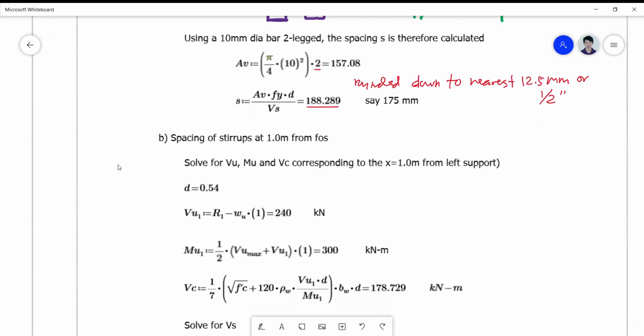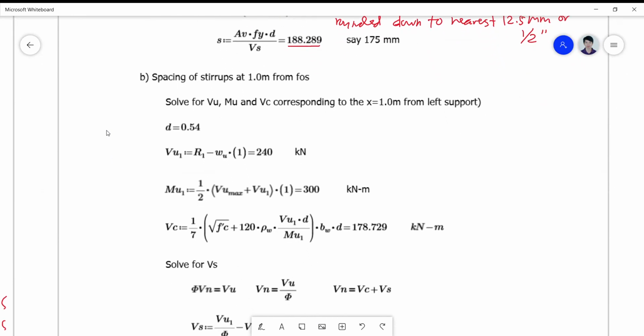So for the spacing of the stirrup at 1 meter from the face of the support, this is actually another critical section which is secondary to what the critical section definition was provided for in our NSCP code. So the spacing of stirrup at 1.0 meter can be solved using the same procedure. So first we solve for Vu, Mu, and Vc corresponding to the x distance, which is 1 meter from the left support.